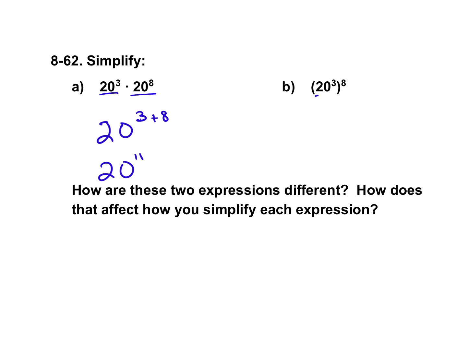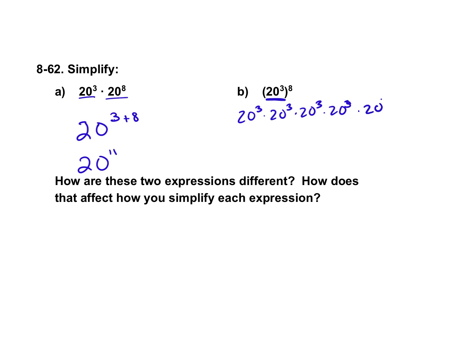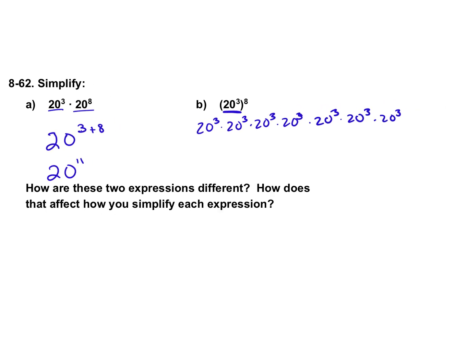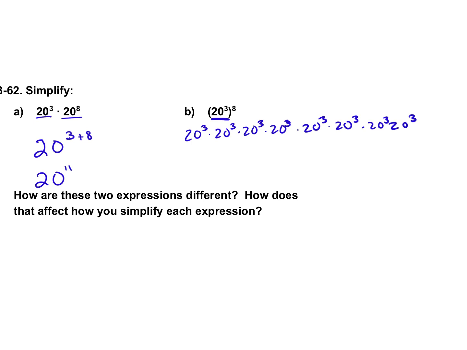The second is 20 cubed multiplied by itself 8 times. So that's 20 cubed times 20 cubed times 20 cubed times 20 cubed times 20 cubed times 20 cubed times 20 cubed, and I believe there's one more 20 cubed.